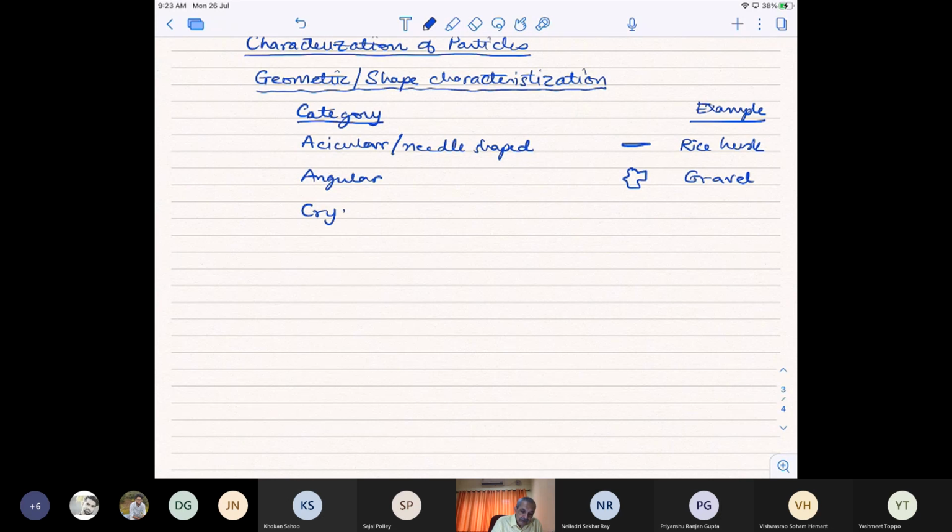Then you have crystalline, and the example is salt, or maybe even sugar, and many other such things. And then fibrous, example could be jute.